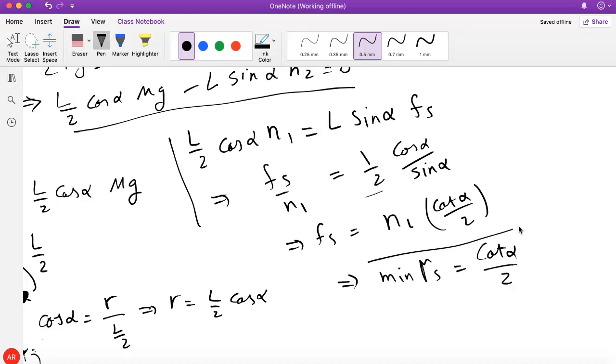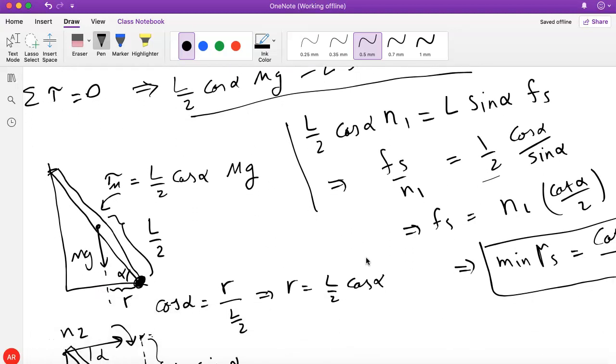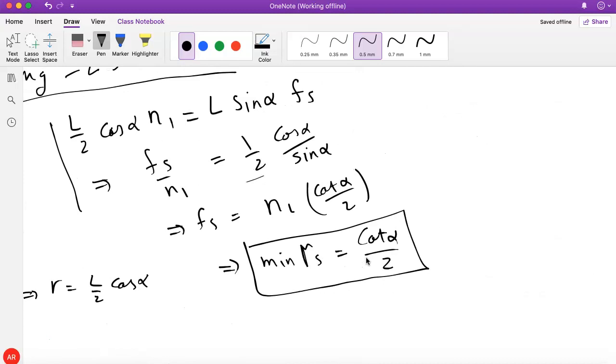So from here we find the minimum mu s is just equal to cotangent alpha over 2. Alpha was 60 degrees, so I guess cosine of 60 degrees is 1/2, right? Sine is square root 3 over 2.